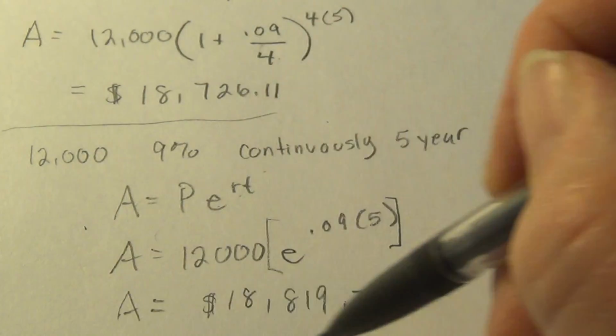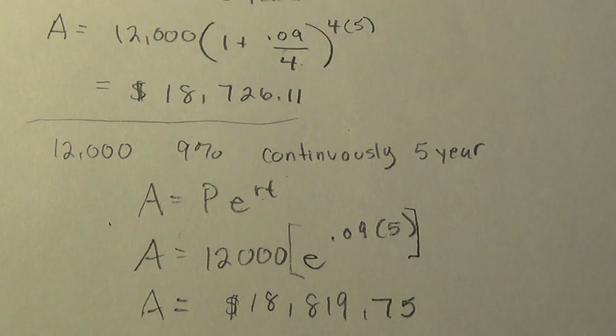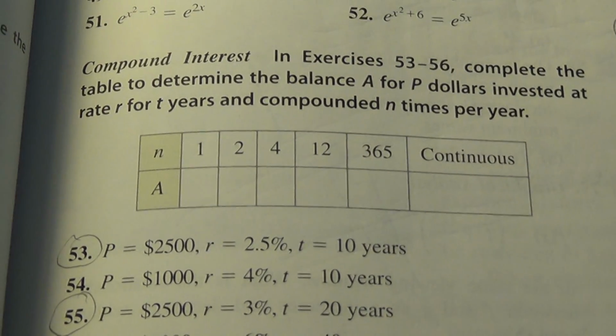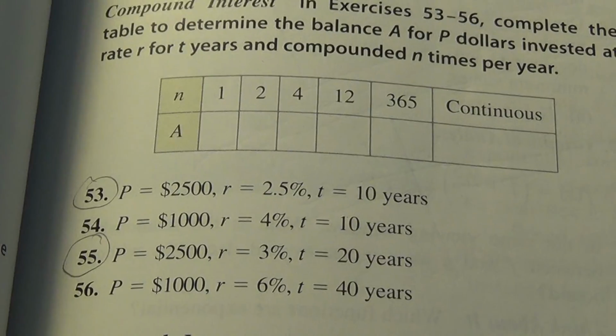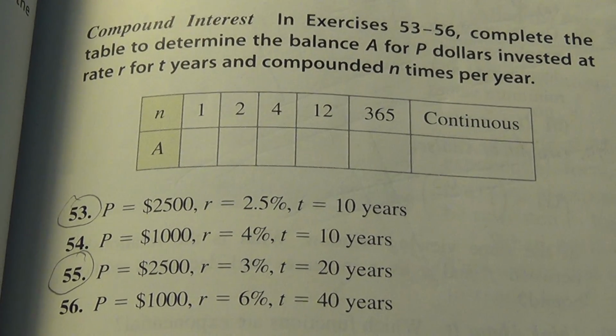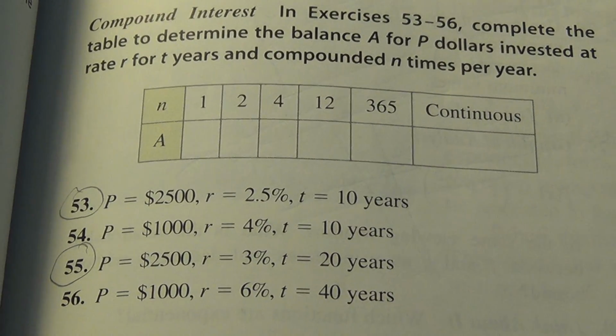I'd like you to try a couple of these for your assignment tonight, and I've got them over here. Here's a little chart that you're going to do for 2 problems. Number 53 gives the principal, the rate of interest, and the time.